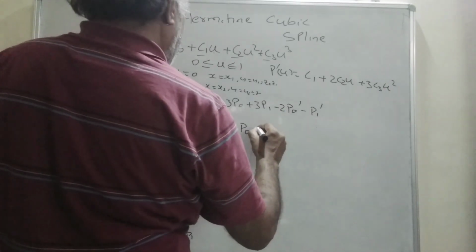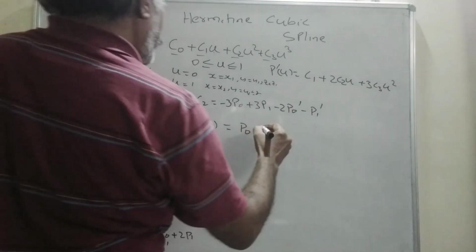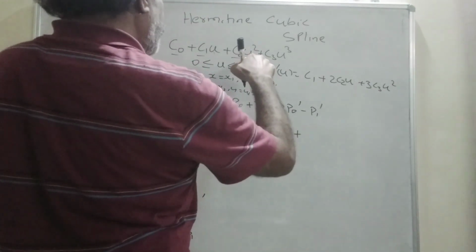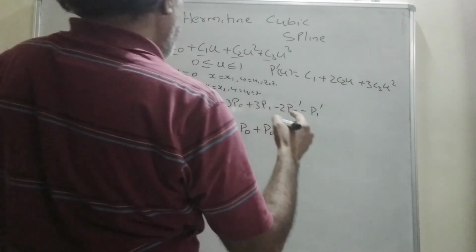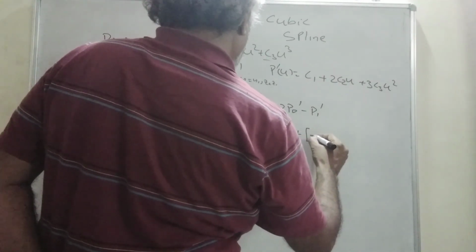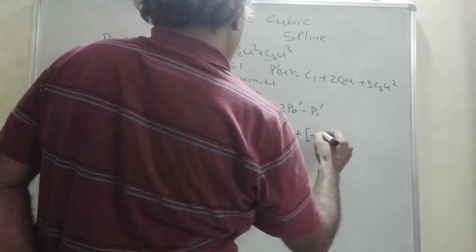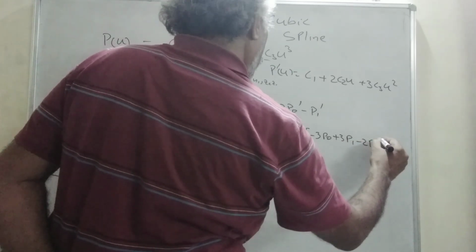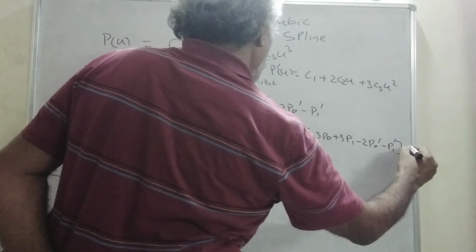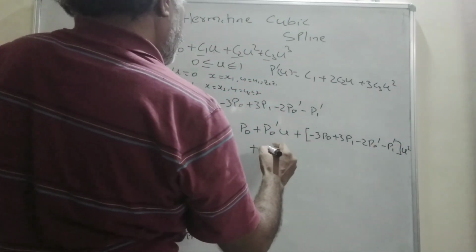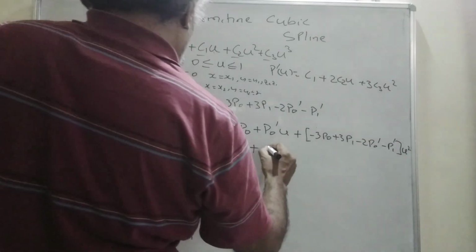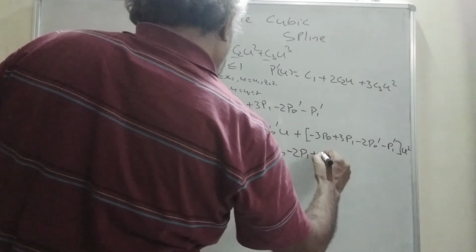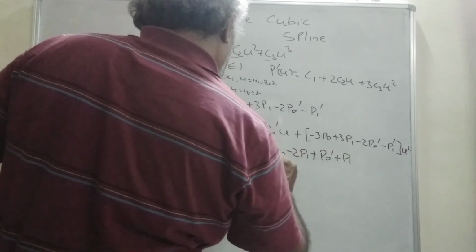P0 plus C1 into U, P0 dash into U, plus C2, which is minus 3P0 plus 3P1 minus 2P0 dash minus P1 dash, U square, plus C3, which is 2P0 minus 2P1 plus P0 dash plus P1 dash, into U cube.